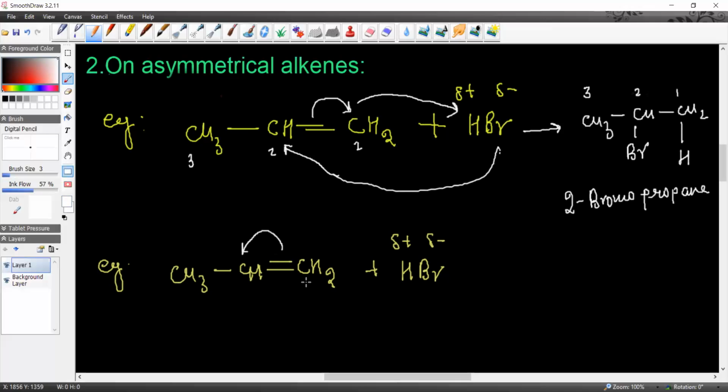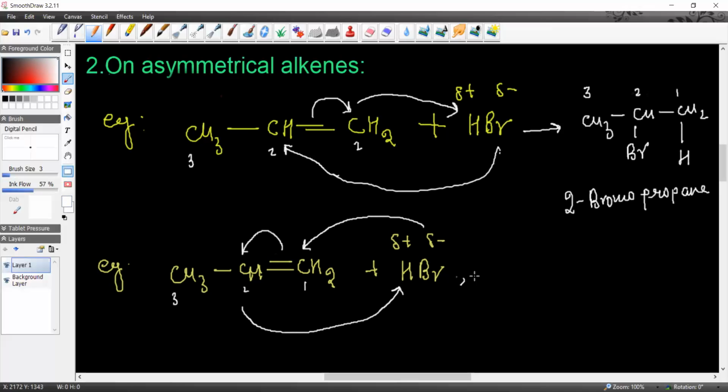So this is the first carbon, this is the second carbon, this is the third carbon. Now the second carbon is electron rich in nature, while the first carbon is electron deficient in nature. So that's why the second carbon atom attacks the proton of the HBr, while the bromine atom is attached to the first carbon atom.